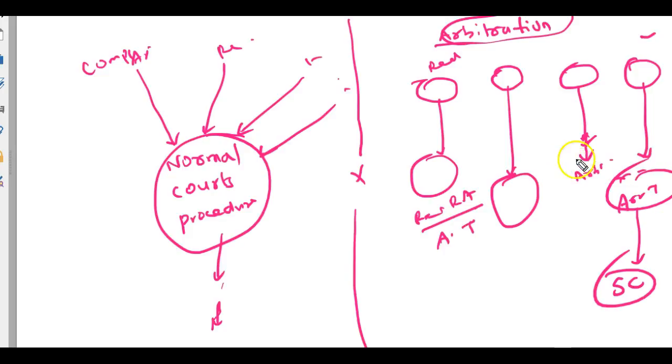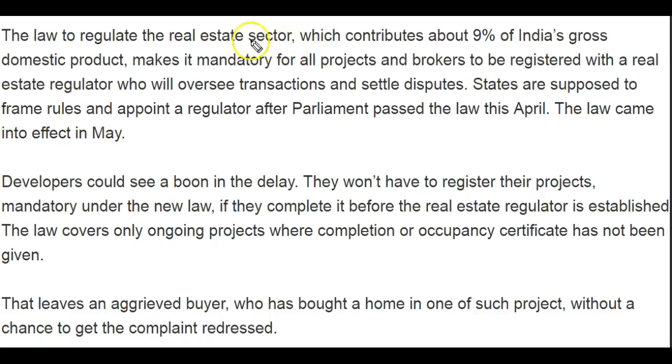this mechanism. Another important fact is that the real estate sector at present contributes 9% of India's GDP. Remember, the real estate sector contributes 9% of India's GDP. That's why it should be regulated.